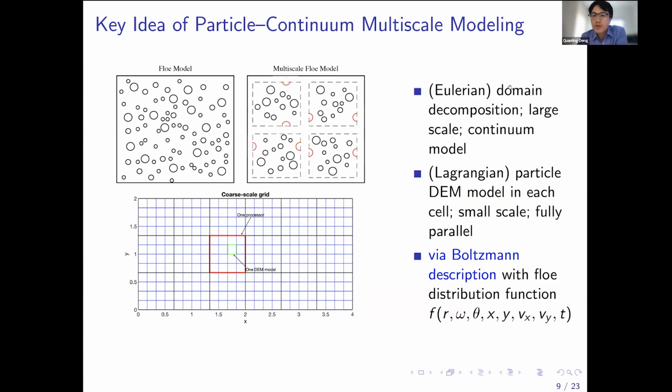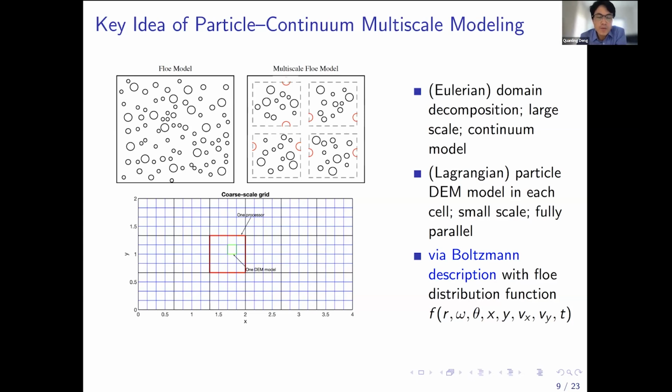So two directions, two models in this sense. Eulerian domain decomposition, larger scale, looking at the continuum model. And the fine scale model, which is a Lagrangian particle model in each cell, looking at small scale, and this can be fully parallelized.